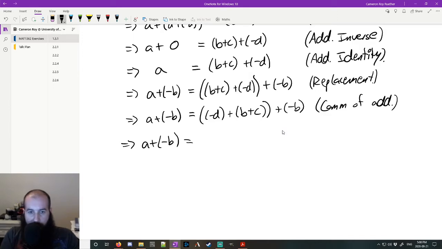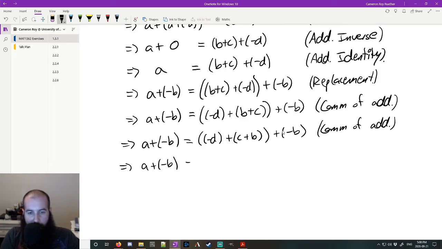Now let's commute the b and the c. Now we can reassociate to group together the negative d and the c. So we get a new bracket in here, plus c, plus b, one bracket here now because we've moved these around the c and the b.